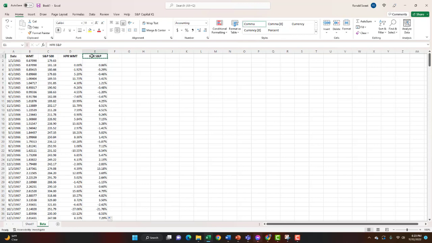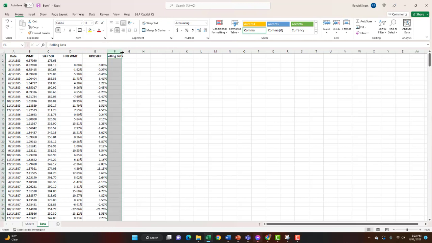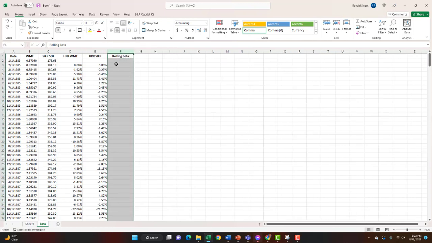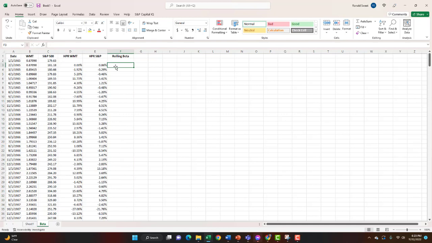And then I'm going to do the rolling beta, and to do a rolling beta, what I need is to decide how many years or months I'm going to do. So I've decided to do a 5-year rolling beta using monthly data.